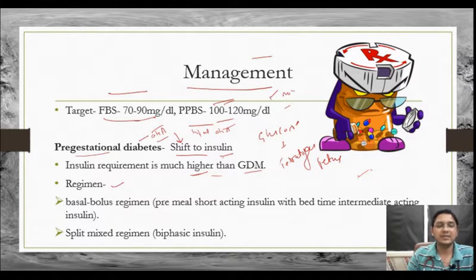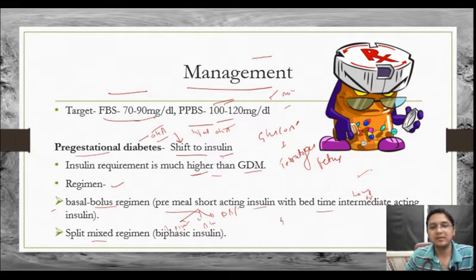And for the regimen, we have two options. The first is basal bolus, and the second is split mix regimen. In the basal bolus regimen, we give a pre-meal short-acting insulin and an intermediate or long-acting insulin at bedtime. The pre-meal short-acting insulin is given 3 times a day, before breakfast, before lunch, and before dinner.